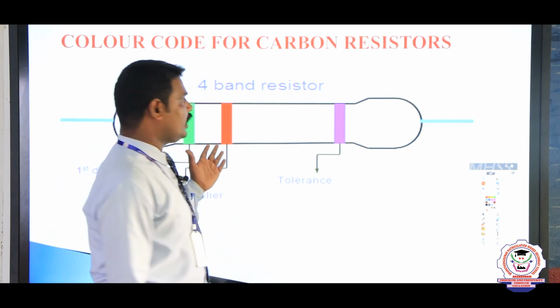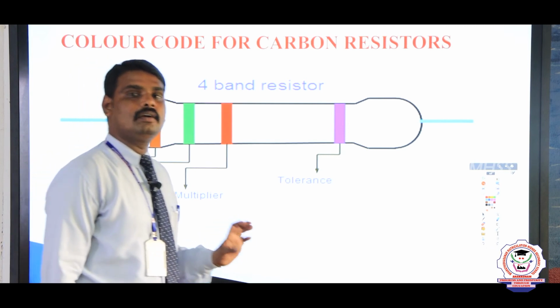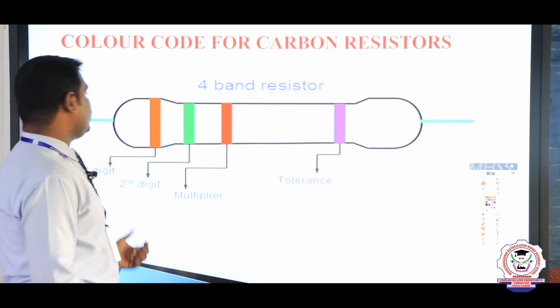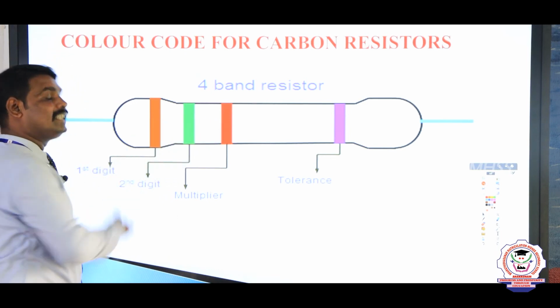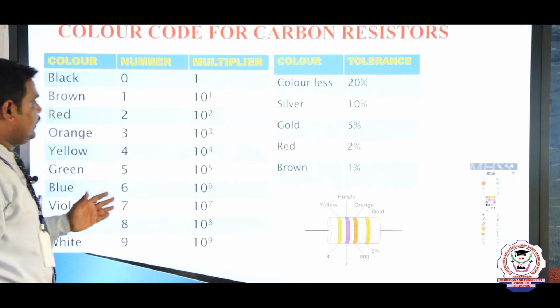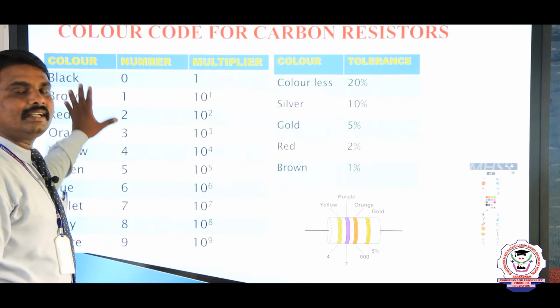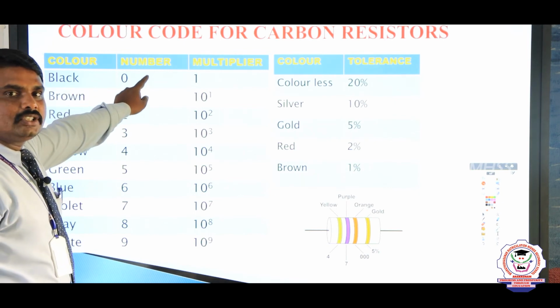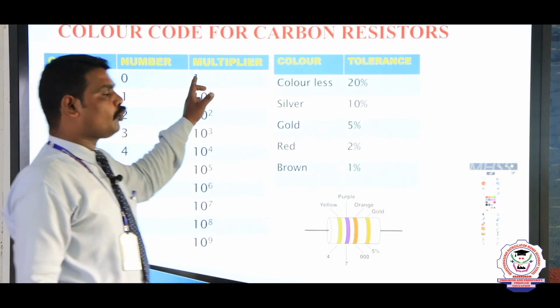By using this, we calculate the resistance value, but we have to apply the values for these different colors. Here the values for the different colors are given. Black has value 0, multiplier 1.